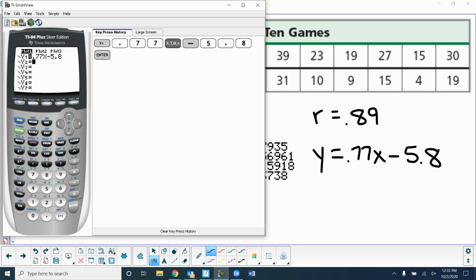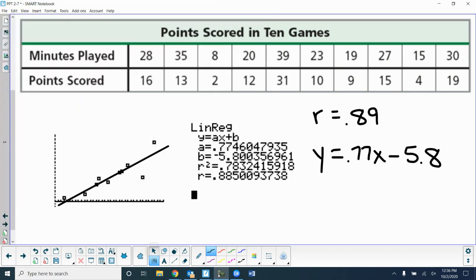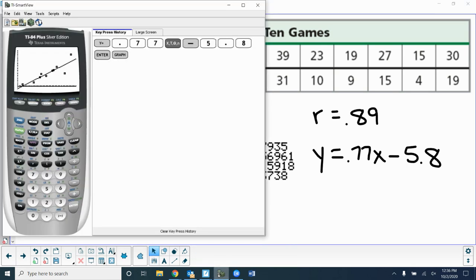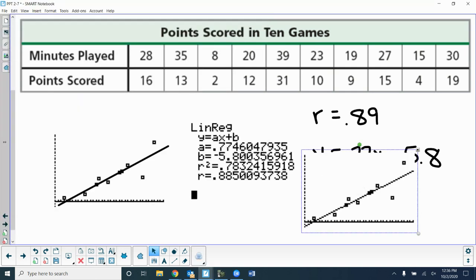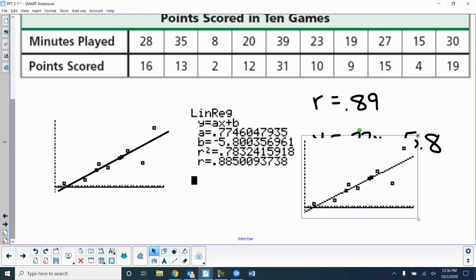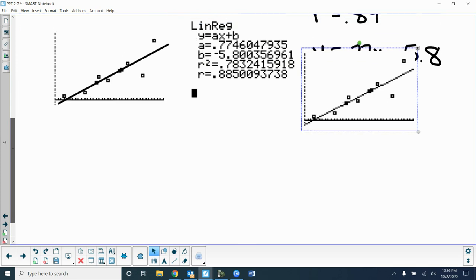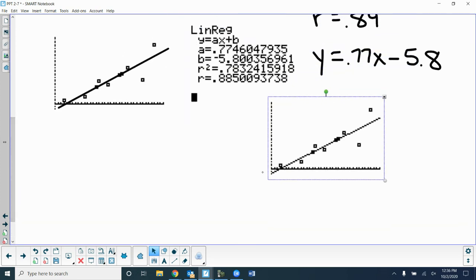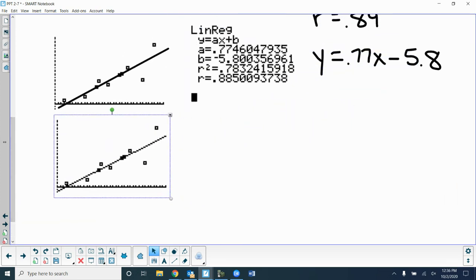And then hit this graph button, and it'll draw the line in for you. Okay, so the one that I did by hand is pretty close to the one that the calculator did, isn't it? Okay?